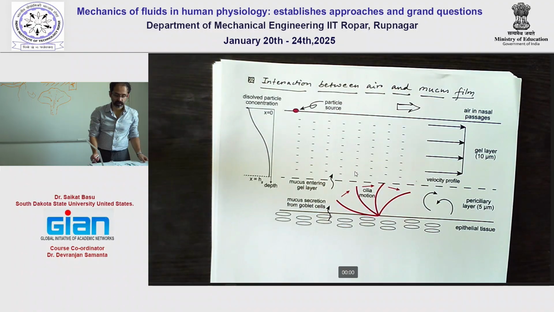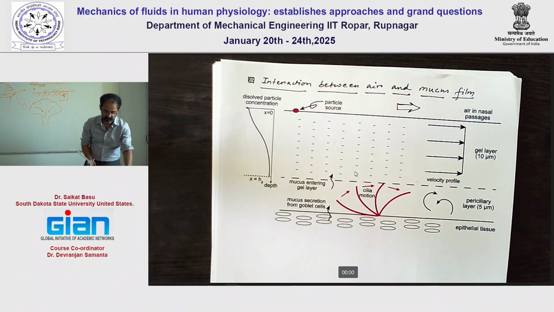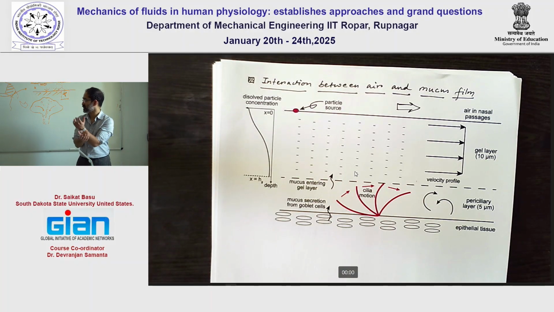The paper that you read on the first day from Sani Jan, with him we have some collaborations as well to look at drop impact. What Sani does is basically use glycerol as a stand-in for mucus. But again, it's an approximation, and there are a lot of things that can be done.